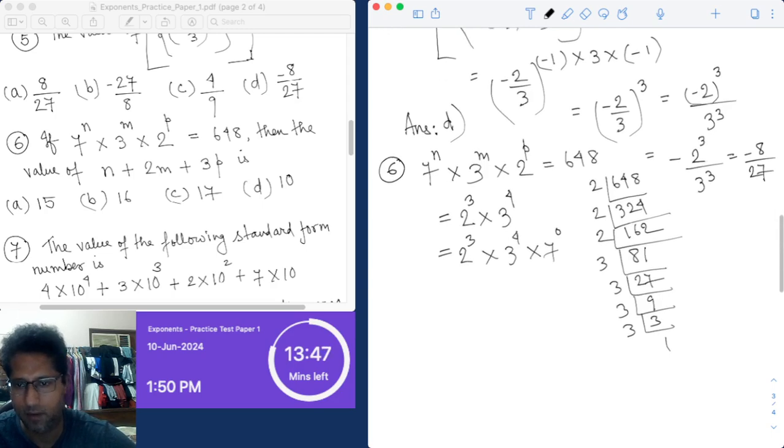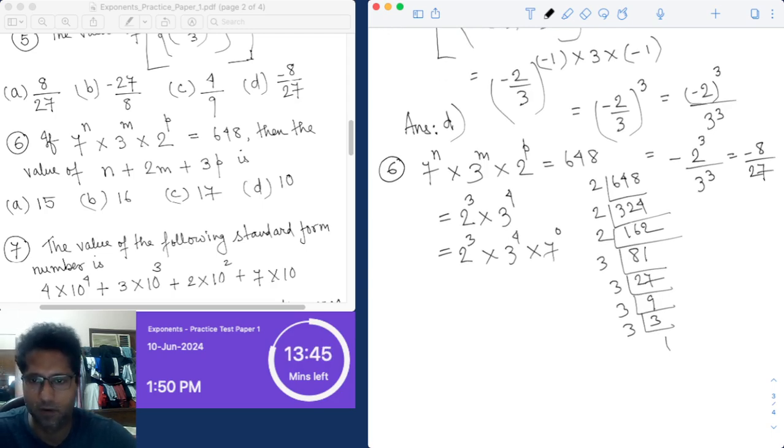Now we equate the powers of 2, 3 and 7 on both sides, and we get p equals 3, m equals 4 and n equals 0.